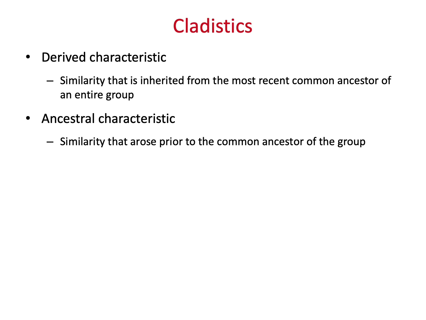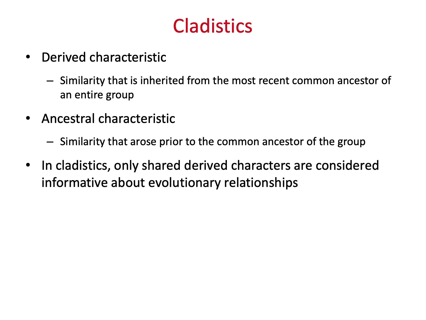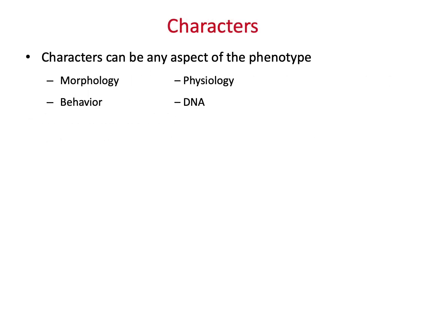Ancestral characteristics are the similarities that arose prior to the common ancestor of that group. One of the important requirements of cladistics is to be able to distinguish between derived and ancestral characteristics. In cladistics, we only use shared derived characters for evolutionary relationships.